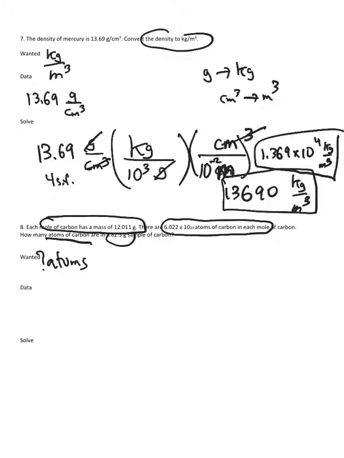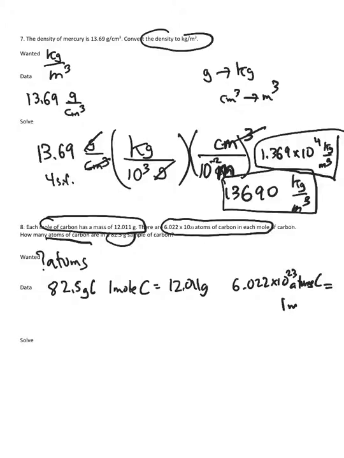So our data is 82.5 grams of carbon. We've got 1 mole of carbon is equal to 12.011 grams of carbon, and that 6.022 times 10 to the 23rd atoms of carbon equals 1 mole of carbon.